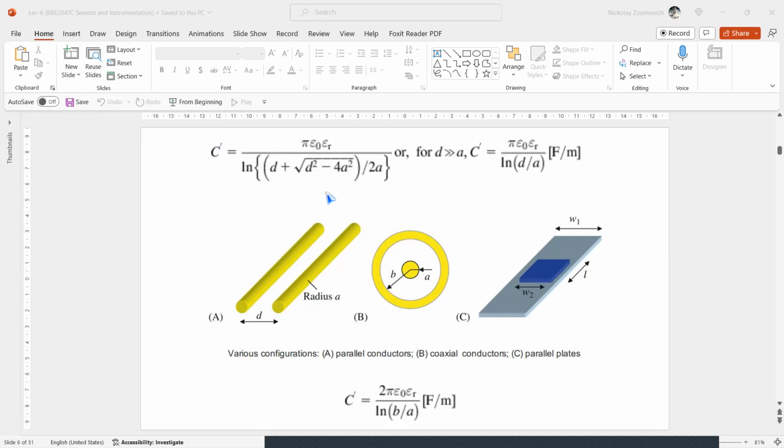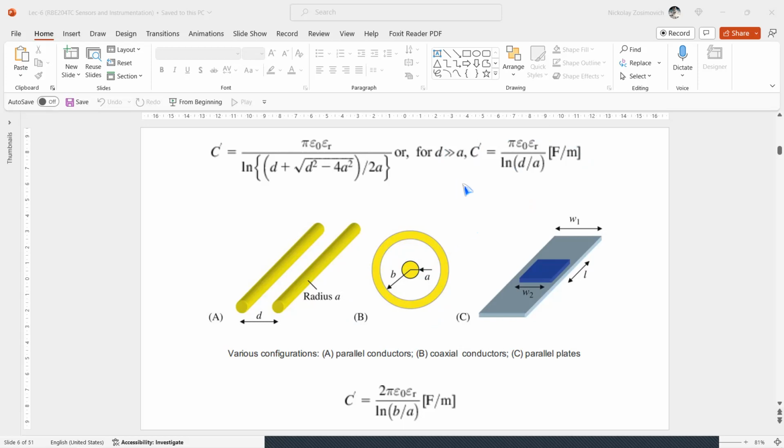A coaxial cable, where we have two concentric cylinders as in figure B, with the outer diameter of the center conductor a and the inner diameter of the shield b, has a capacitance per unit length equal to the right side of this formula.